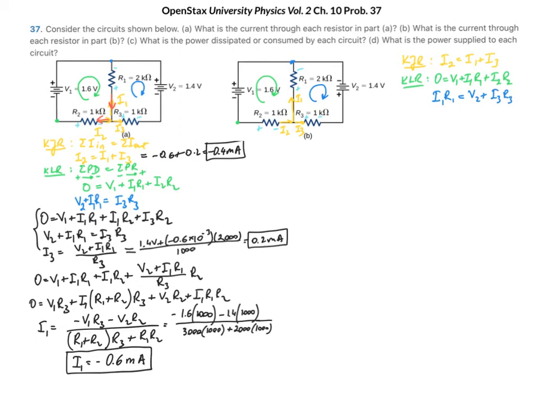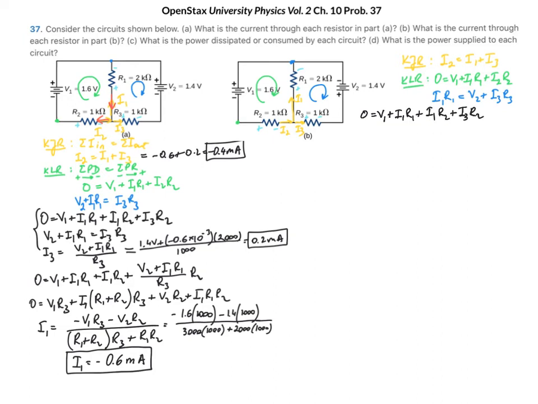So here are my three equations, and I'm going to solve them the same way that I did before. I will substitute I2 into the other two equations. So then I have 0 equals V1 plus I1 R1 plus I2, which is I1 R2 plus I3 R2.